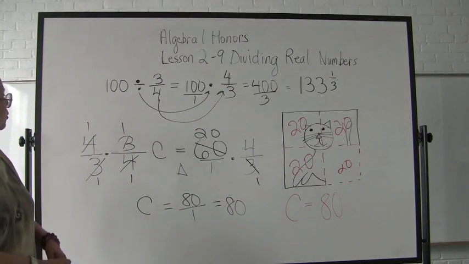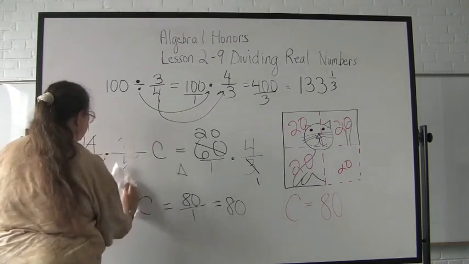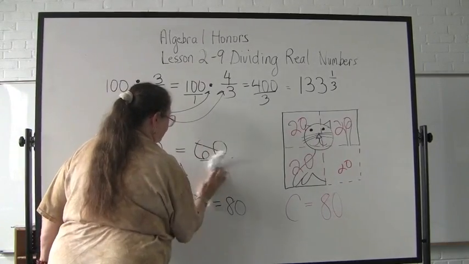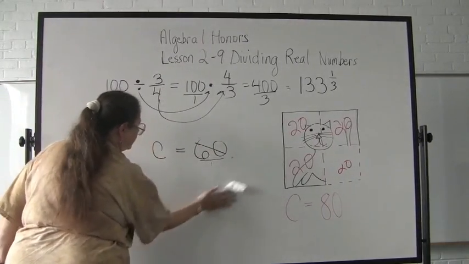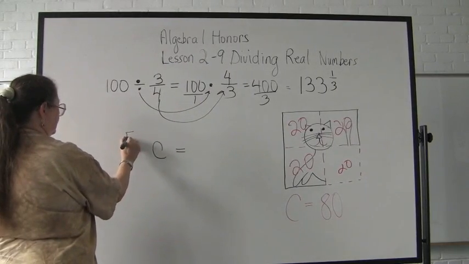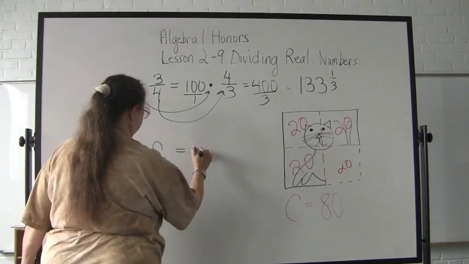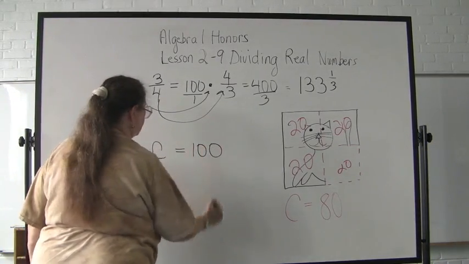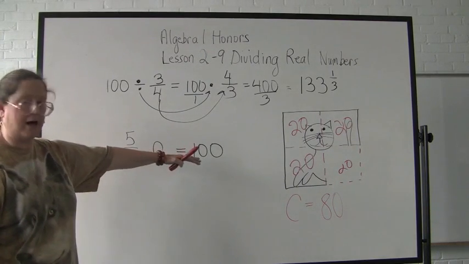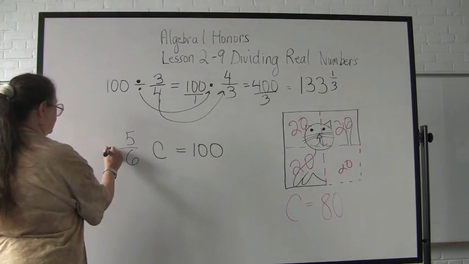So when you have an equation like this, let's try another one. Say you have 5/6 times a variable equals 100. Instead of dividing by 5/6 here and dividing by 5/6 on that side, multiply by the reciprocal.